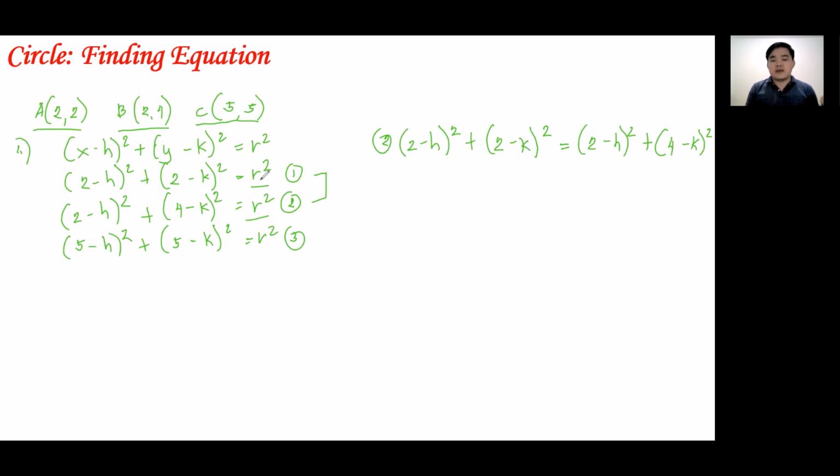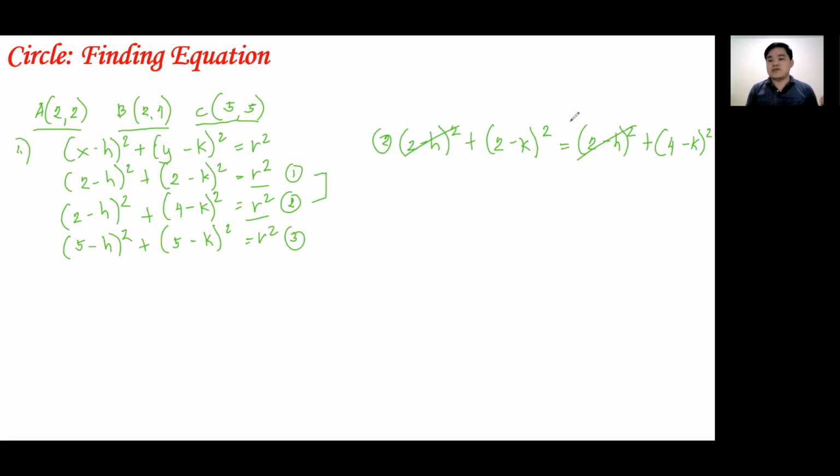Okay, so if they are equal to r squared, both of these first and second equations are equal to r squared. Definitely, the left sides of the equations are equal. Am I right? Okay, so based on this one, what will happen to our equation? Can I cancel this already? This one and this. They are the same, right? And they are on both sides of the equation.